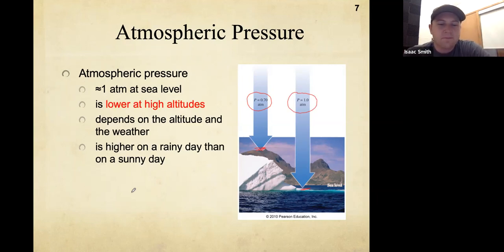Anyway, you don't have to remember those things. You do need to know that pressure is lower at high altitudes and higher at sea level. That's probably important, but the rainy day and sunny day stuff isn't really that important, okay?